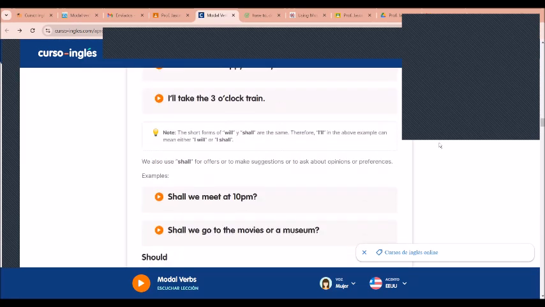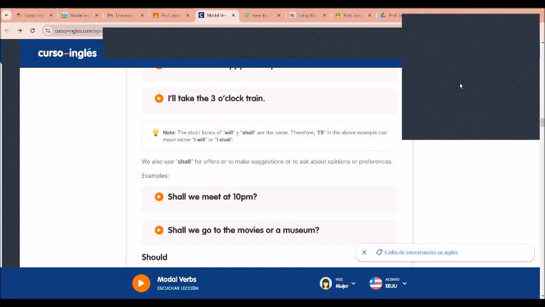All right. We can also use it a little bit differently when asking questions. Javi. Yes, teacher. We also use shall for offers or to make suggestions or to ask about opinions or preference. Shall we meet at 10 p.m.? Shall we go to the movies or a museum?